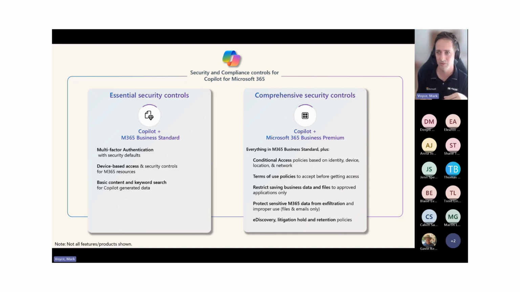With Copilot from Microsoft 365, just say for example that receptionist does get a Copilot from Microsoft 365 license. What Copilot does is look at your entire Microsoft 365 tenant, and it will only come back and surface information and data for that receptionist if that person has the correct access to view it. If that person has access to everything within your SharePoint, for example, that could be a complete accident.